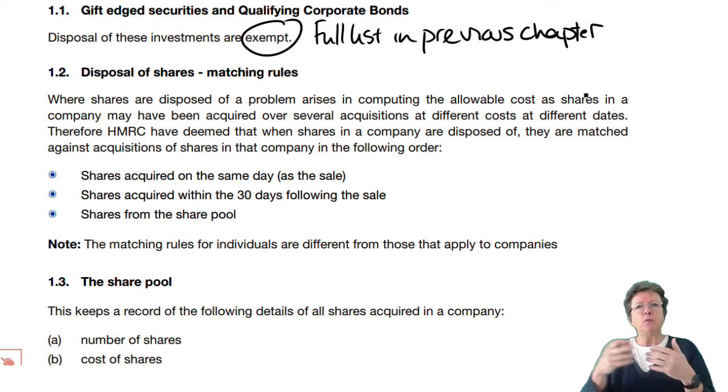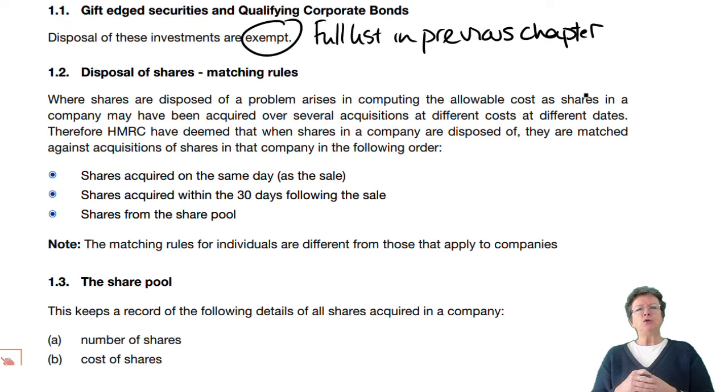So you can end up with a parcel of about 4,000 or 5,000 shares, I don't know, however many as an example. But they've been bought over several years in several portions and at several prices. So what is the cost that we need to attach to our computation for those shares?